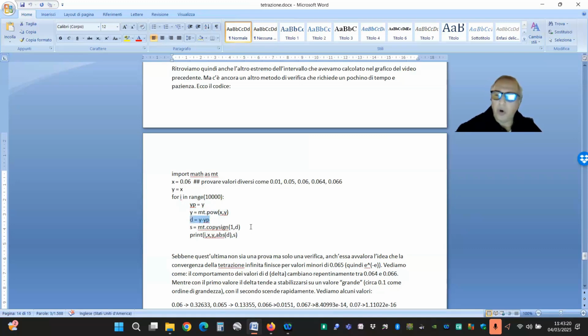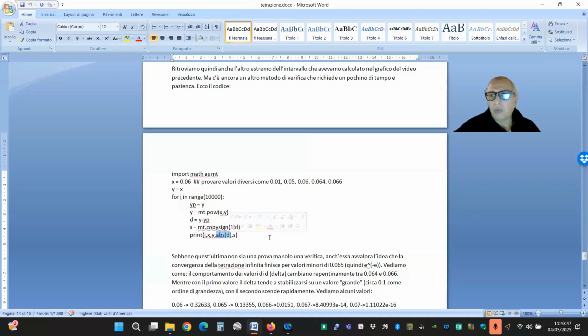At this point, we extract two other values. The sign of the difference to see essentially if it oscillates, and the delta, the most important thing, that is the difference between one value and the other, of which, once we have extracted the sign, we can calculate the absolute value.